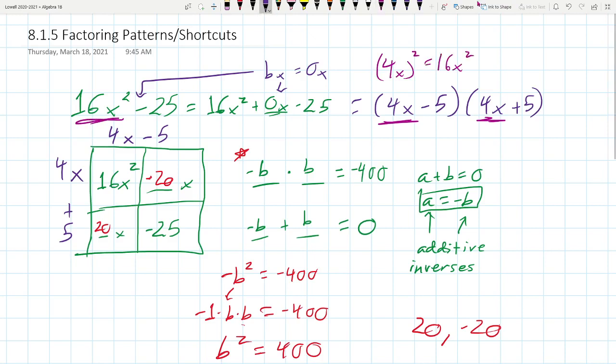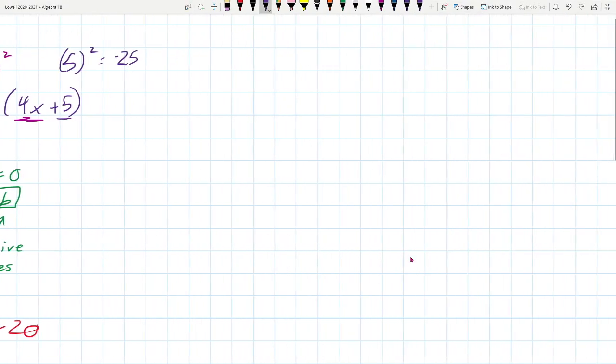And notice here, when I check out 5 and 5, 5 squared is equal to 25. And so what we actually have here, and this actually has a name, it's called a difference of squares. And notice that also because the signs are opposite here, the signs are opposite here. So this is what a difference of squares is, and we kind of notice this shortcut.